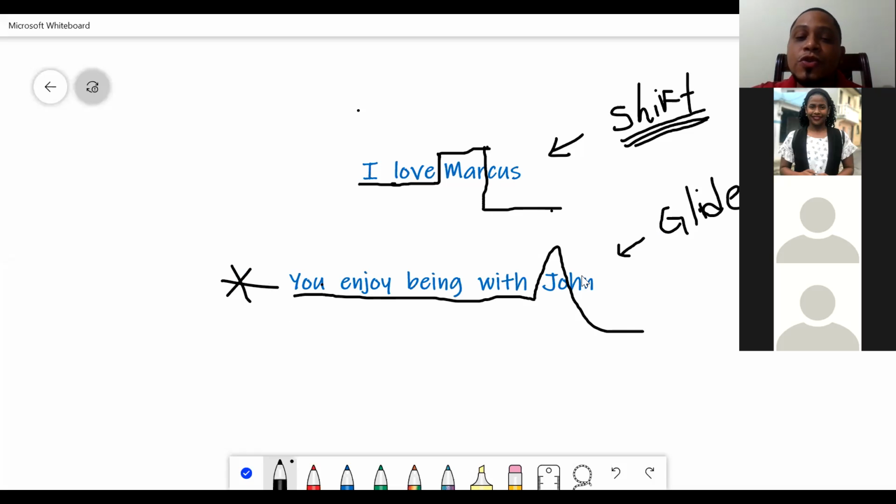For you to use a glide, you need two things. Number one, the last word of the sentence has to be the content word. That is the first condition.